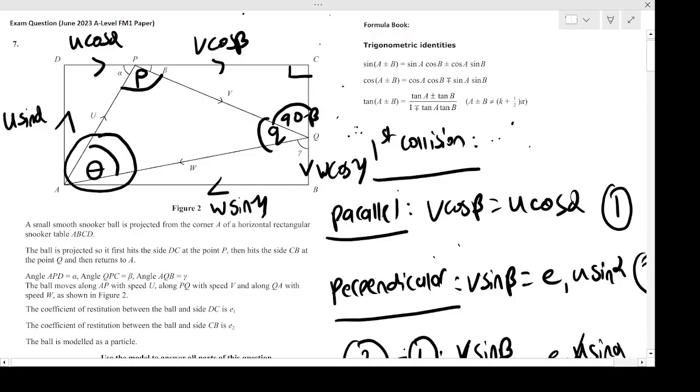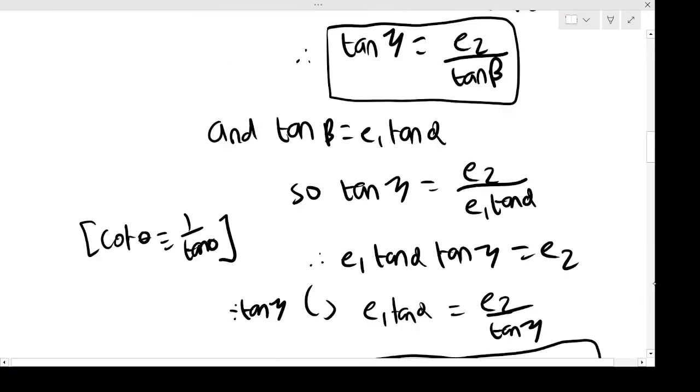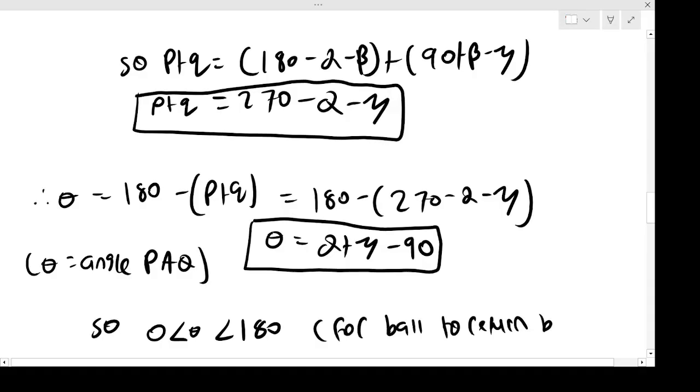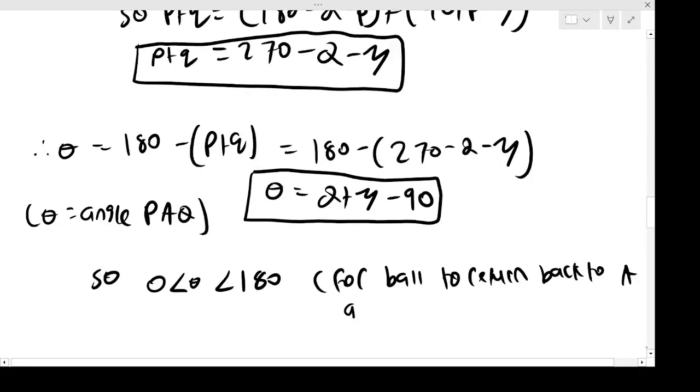Somehow you need to pluck that eureka moment there, okay? That's going to help us now. So theta needs to be between 0 and 180 for the ball to return back to A and form the angle in the triangle.